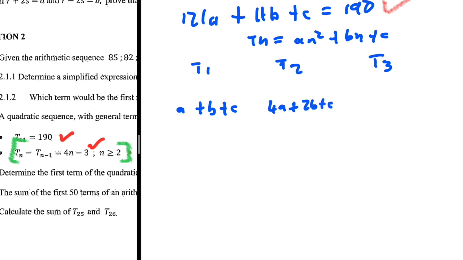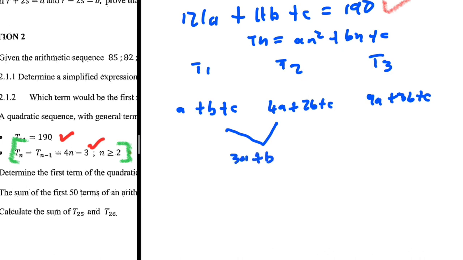And then T3 will be 9a plus 3b plus c. There we go. That is T1, T2, and T3 of a quadratic sequence in general. Let's find the difference between the first two. In finding the difference, we get 3a plus b.